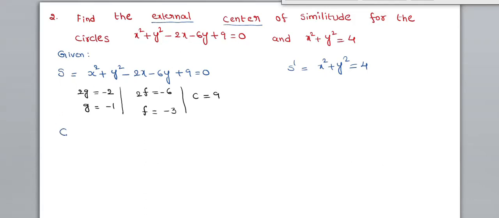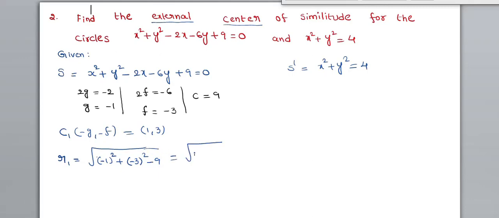The center C1 is minus g comma minus f, equal to 1 comma 3. Radius R1 is the square root of g square, minus 1 square plus f square, minus 3 whole square, minus 9. So same, 1 plus 9 minus 9, root 1, value 1.